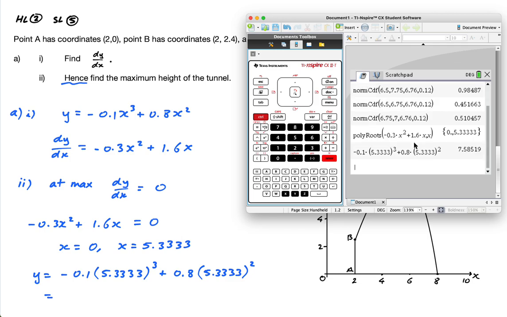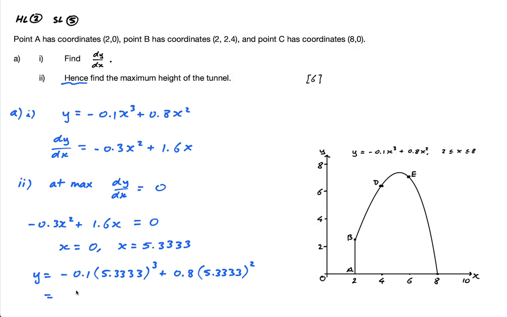Press enter and I get 7.58519, which is approximately equal to 7.59 to 3 significant figures. And this is obviously in meters.